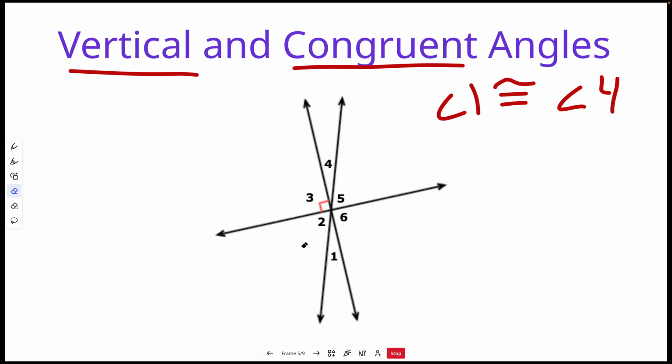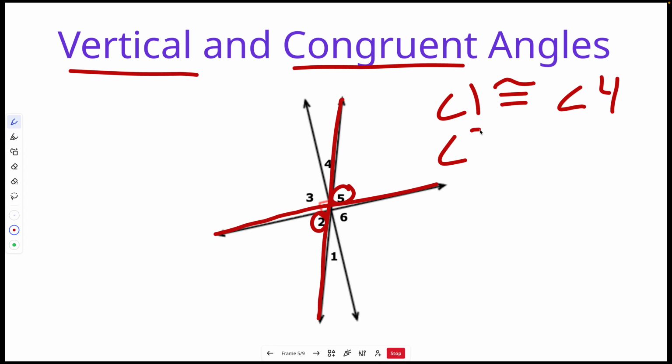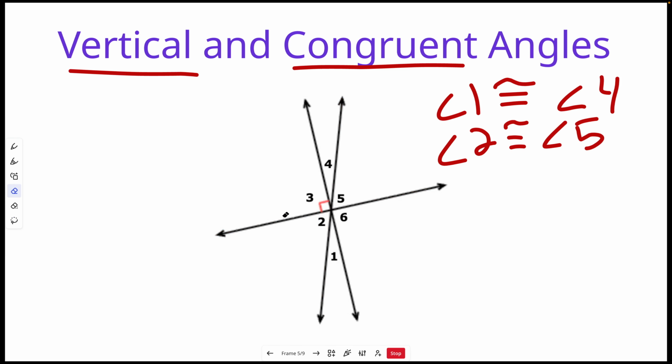All right. What else do we have in this drawing? Let's look at another X. How about we do this one and this one? And now we look for opposite angles, and the opposite angles that I see are 2 and 5. So angle 2 is congruent to angle 5. They're also vertical. All right, last pair here.